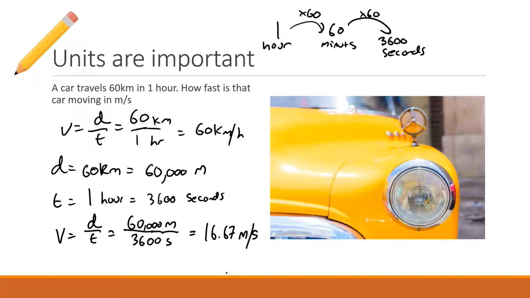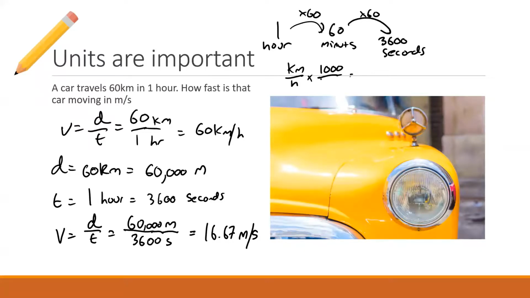All right? The extra little thing is that all we pretty much did, this is more of an advanced technique. You don't have to use this advanced technique if you don't want to. To go from kilometers per hour to meters per second, what we did was we multiplied the top by 1,000, because kilometers would turn into meters.